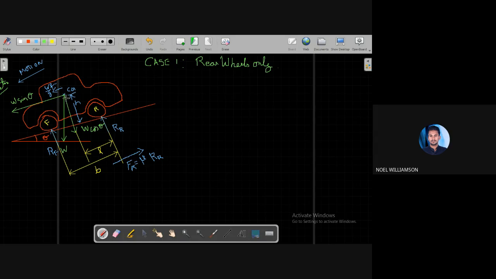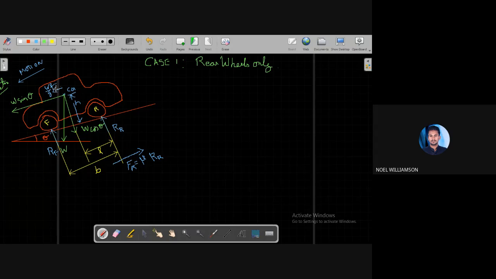Then this is the center of gravity. This is the inertia force, that is M into A, where M is equal to W by G, and A, that is acceleration, we are denoting as F here for the deceleration.